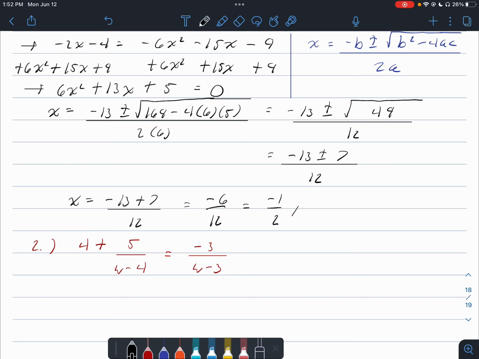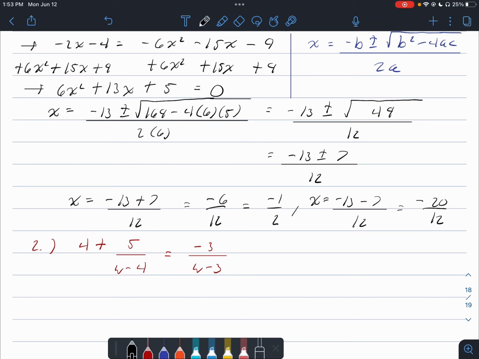Okay? And then if we have x equals negative 13 minus 7 over 12, we just get negative 20 over 12.